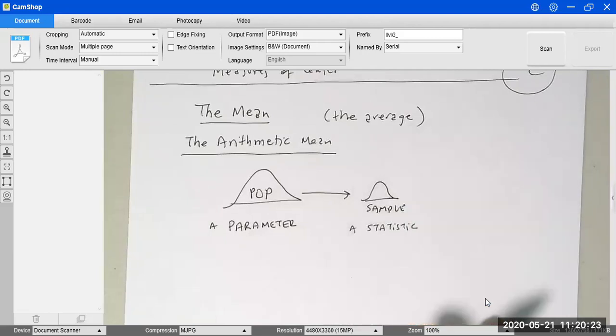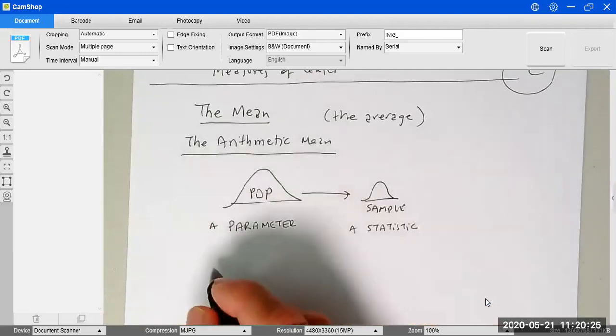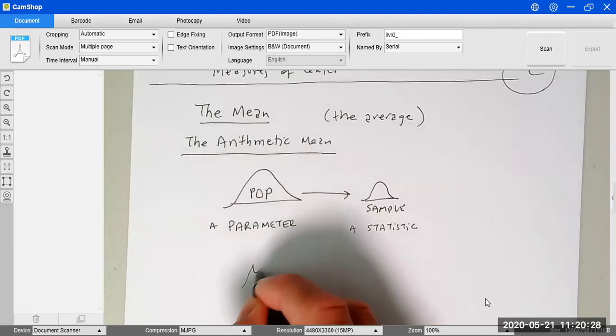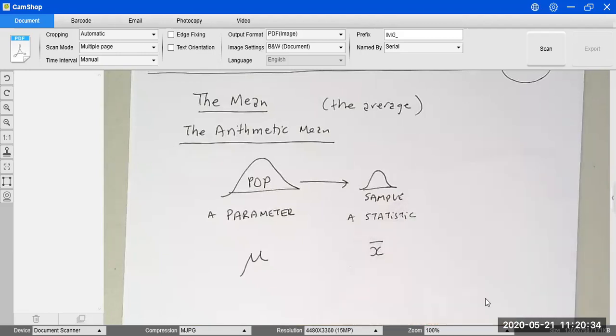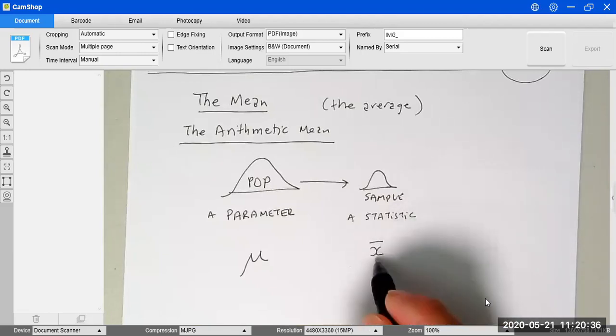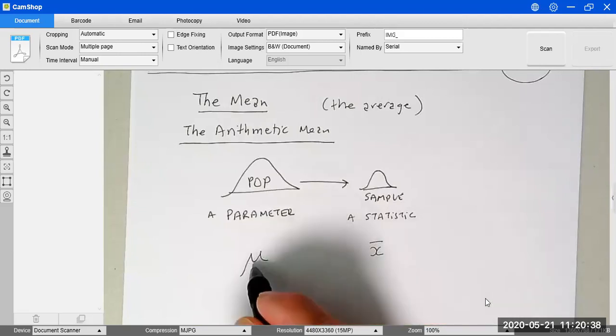So in terms of the mean, for the mean of the population, we're going to use the Greek letter mu. For the mean of the sample, we're going to use the English letter x with a bar on top of it. So x bar is the mean. Mu is the mean. If you see only mu, you know that they are talking about the population.